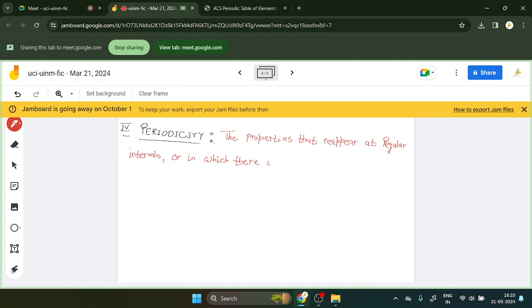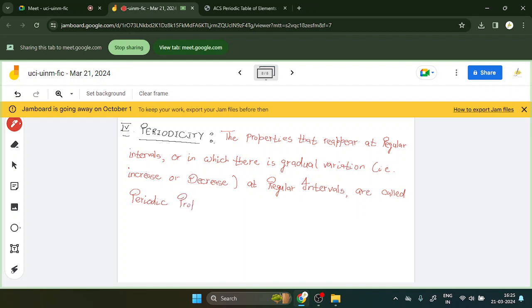In which there is gradual variation, that is increase or decrease, at regular intervals are called periodic properties.